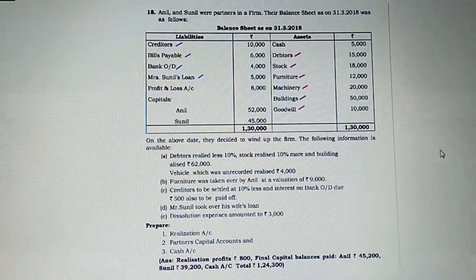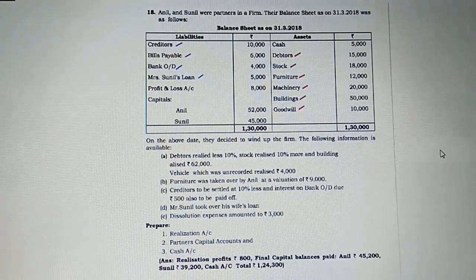Anil and Sunil were partners in a firm. Their balance sheet as on 31st March 2018 was as follows. Assets are given and liabilities are given. On the asset side, could you all find out? I guess only the cash is the one thing which we have to ignore, and all the rest of the items are related to assets that we have to consider.